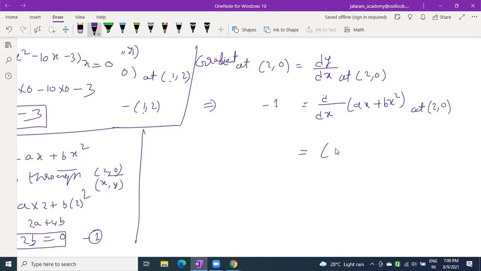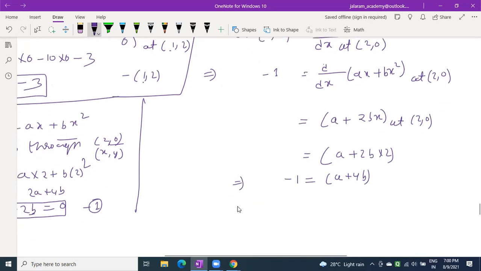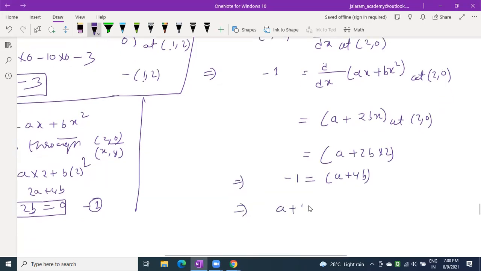Now find the differentiation. Differentiation of ax is a. Differentiation of bx square is 2bx. And this is at 2, 0. So use the value of x equals 2. So it is a plus 2b into 2. That is a plus 4b equals minus 1. It implies a plus 4b equals minus 1, which is equation number 2.